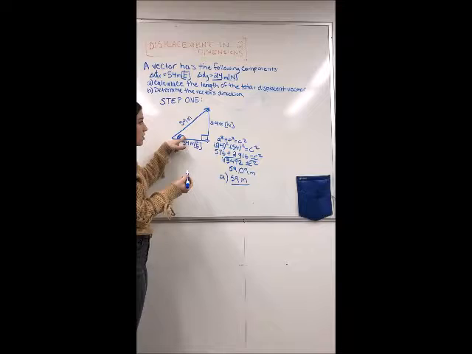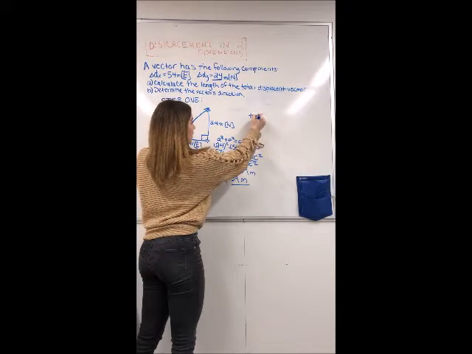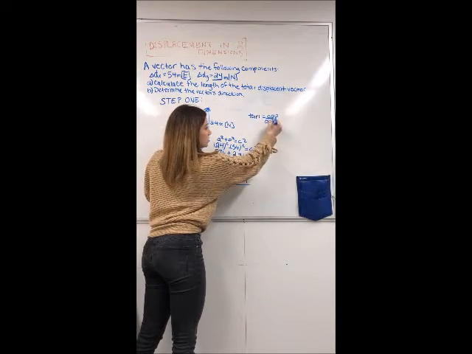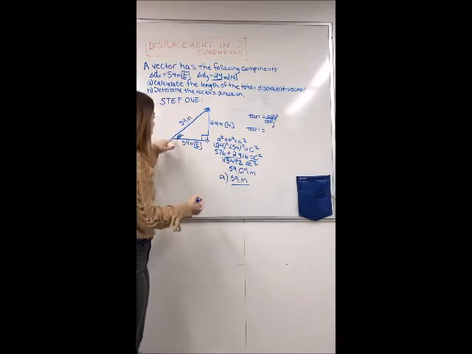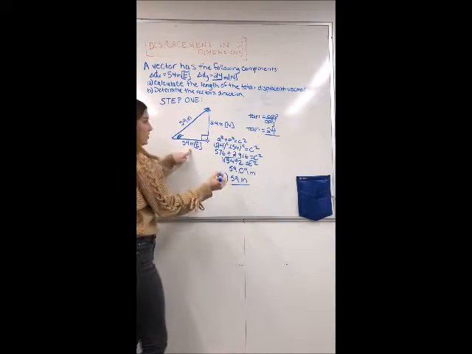To find this, we can use tan. We know tan equals opposite over adjacent. Tan equals opposite 24 over 54.